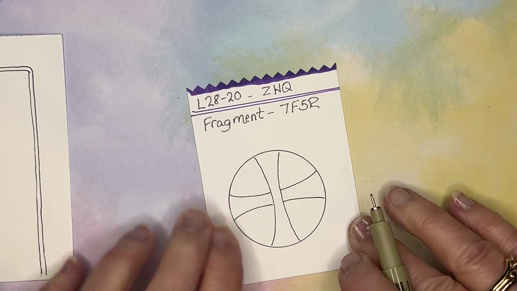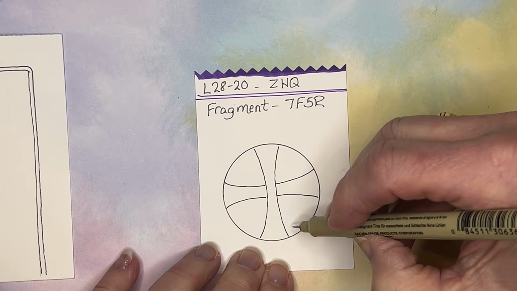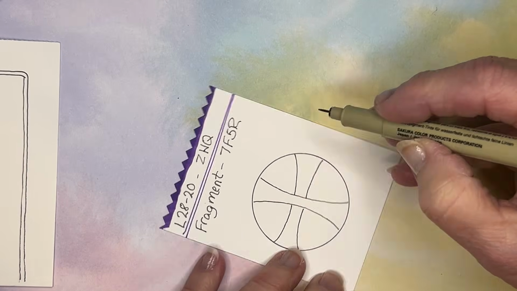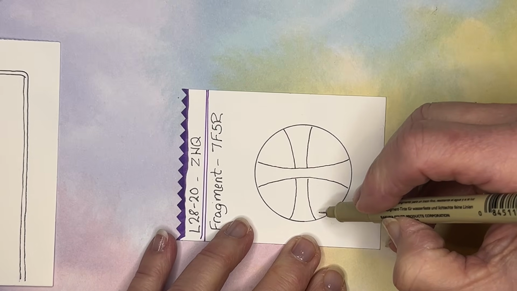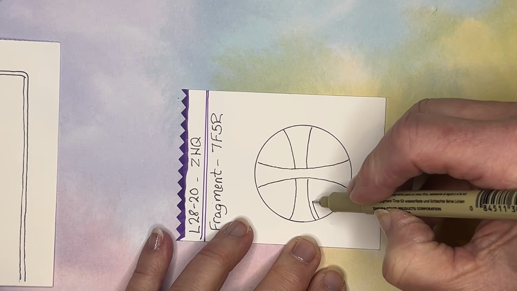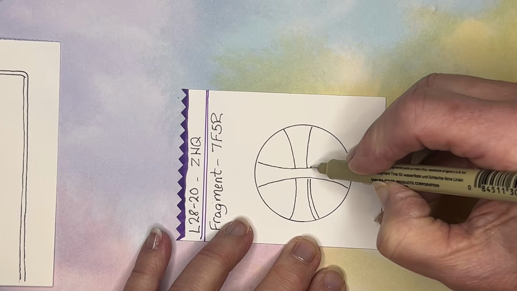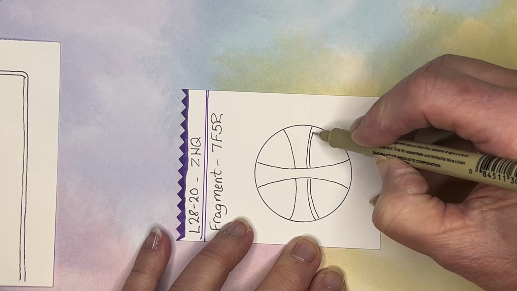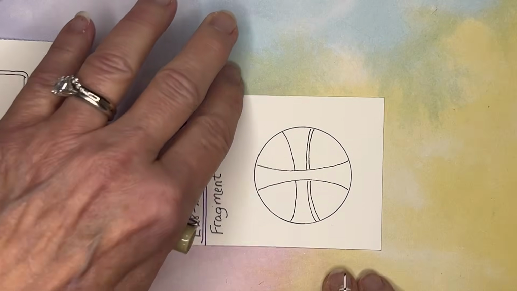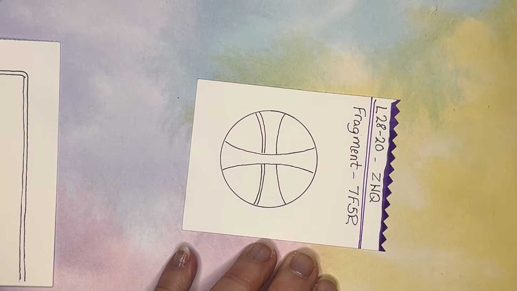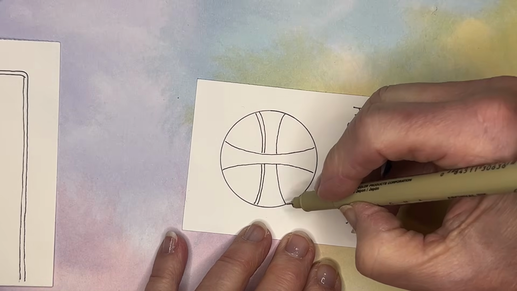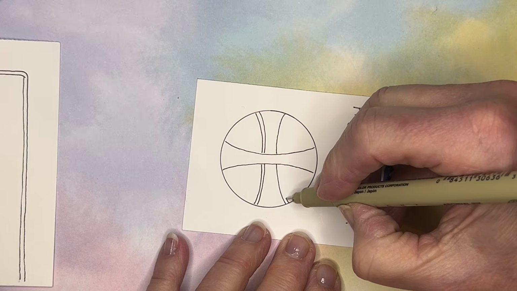I love this. Now what they have suggested is that we want to, and I think I'd rather do this way, we're going to aura this. So I'm going to come along like this with an aura. And you might want to turn your work so that it's in front of you a little more. And let's aura this side as well.